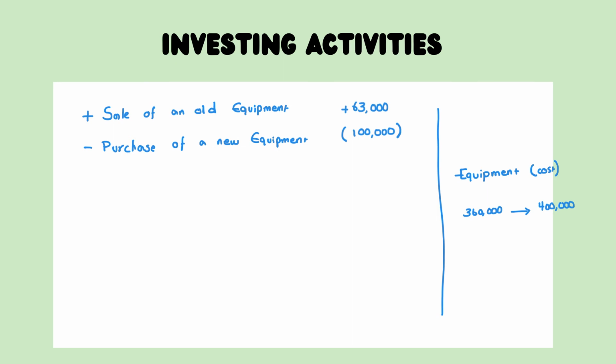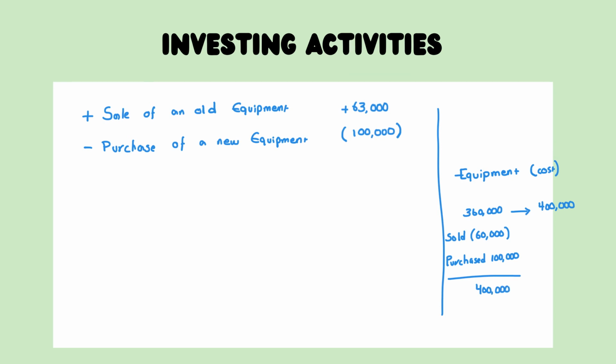360, then I sold an old equipment, so I need to get rid of the cost, which, as he mentioned in the question, was old equipment with a cost of 60,000. So I need to subtract 60,000. Then I purchased a new equipment, so I need to add 100,000. This is the new cost. So 360 less 60 is 300, plus 100 is 400,000.